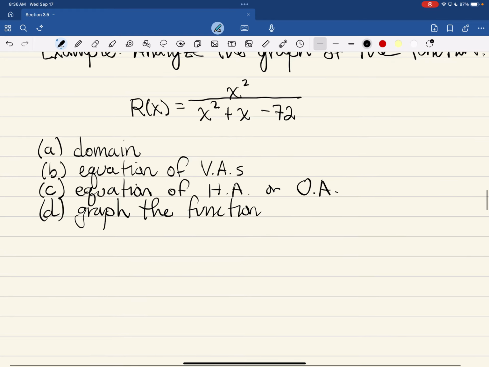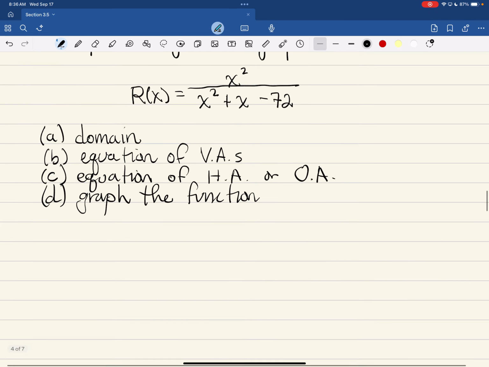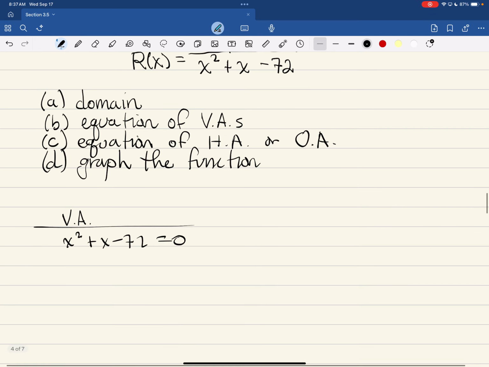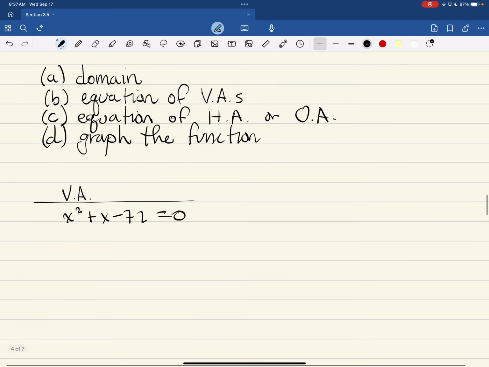We have x squared over x squared plus x minus 72. What about vertical asymptotes here? We're going to set the denominator equal to 0, right? I think it's factorable. 9 times 8, I think, is what gives you 72.